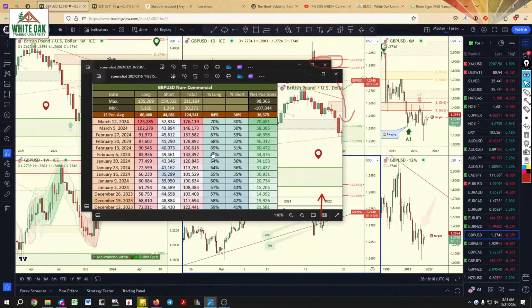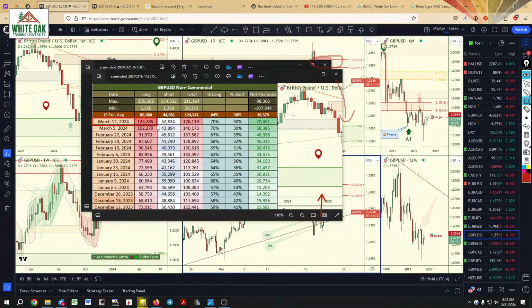You know, if I look at the pound US dollar COT data, the first thing I see, it just screams at me, is the long positions held by non-commercials are 123,000. 123,000 long.